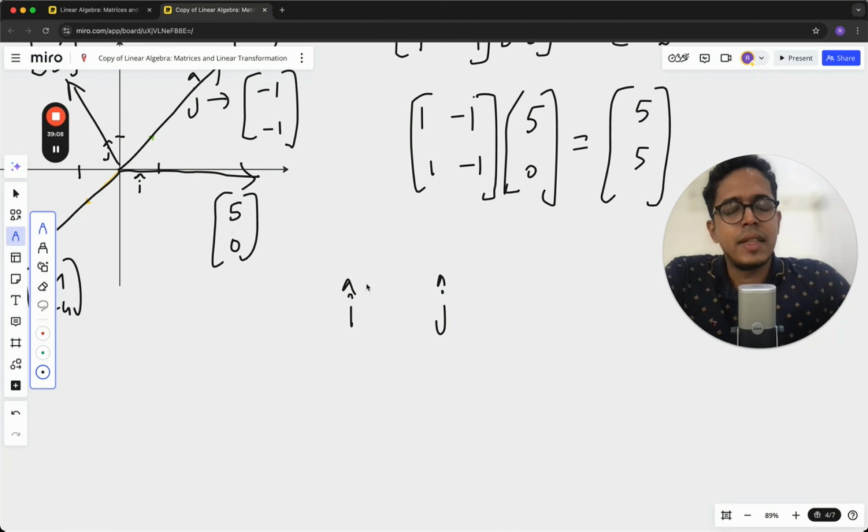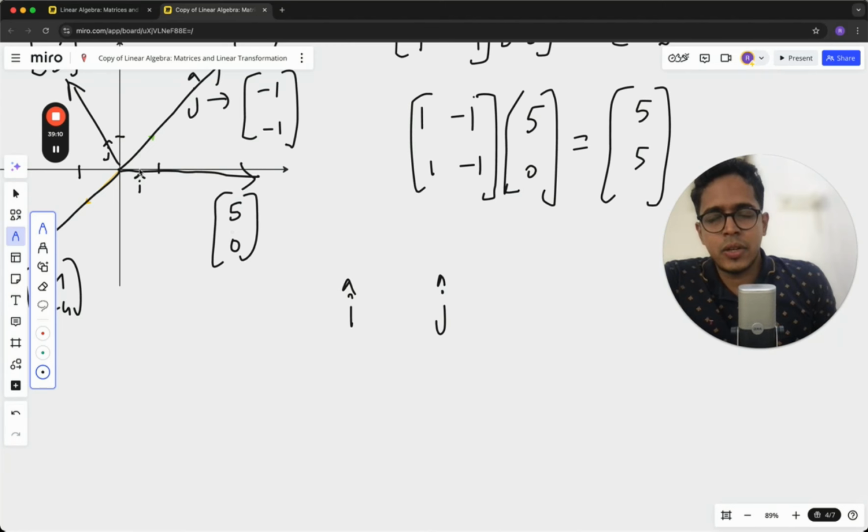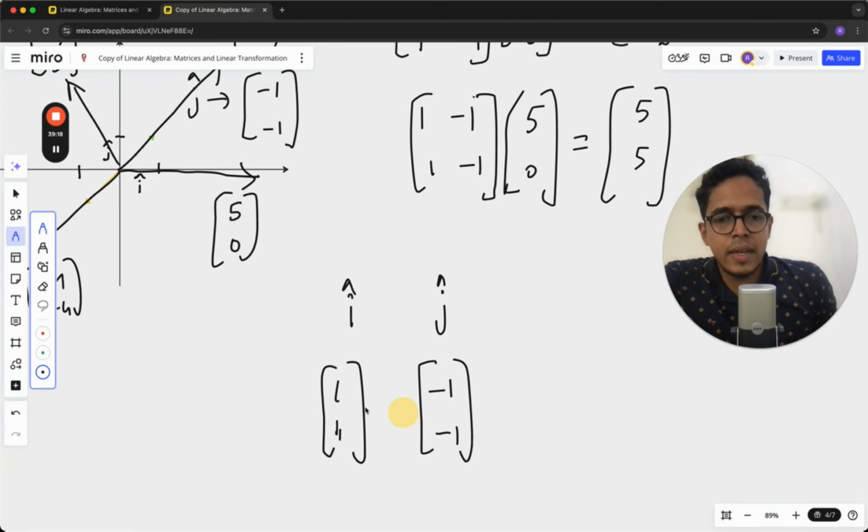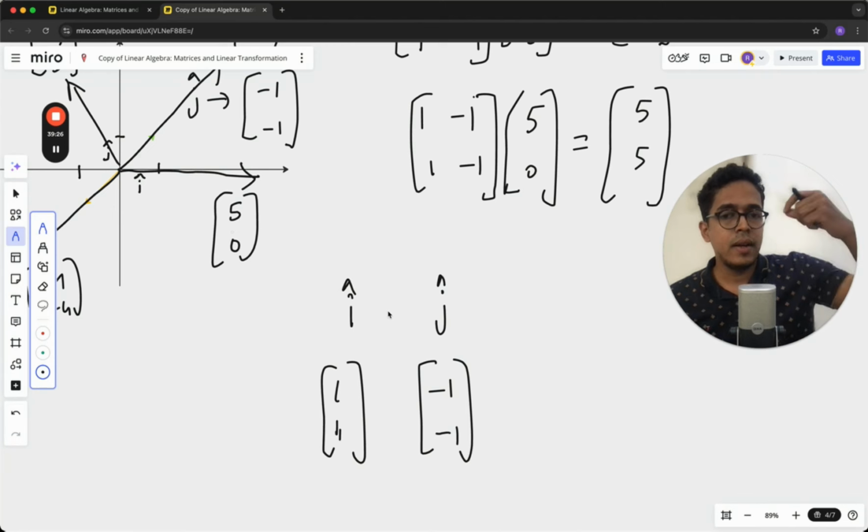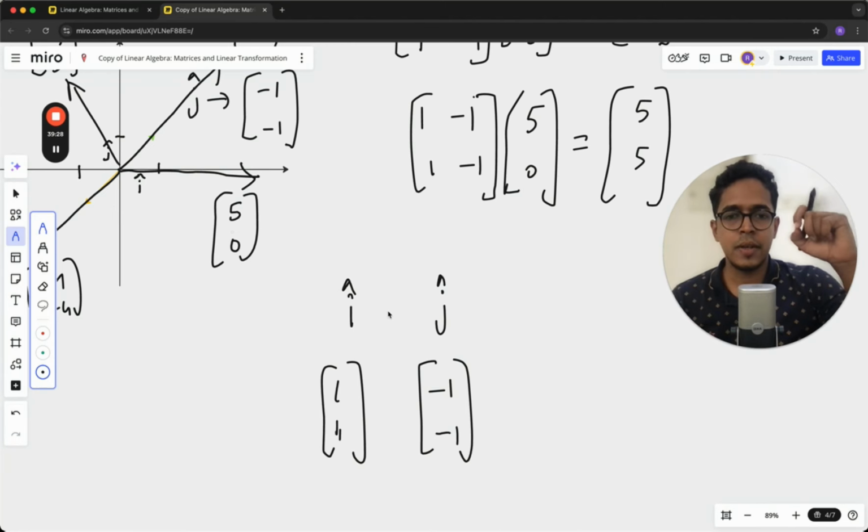However, with the transformed i and j vectors, because the transformed i was 1, 1 and transformed j was minus 1, minus 1, these two vectors are not linearly independent because they are parallel to each other. If you multiply transformed i by minus 1, you get the transformed j. If you multiply transformed j by minus 1, you get the transformed i.